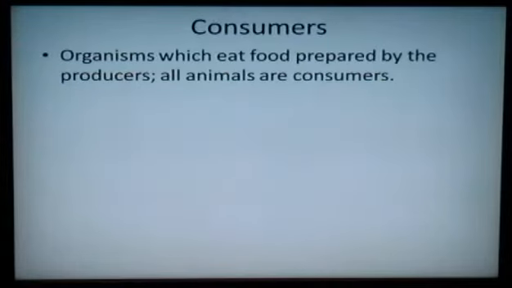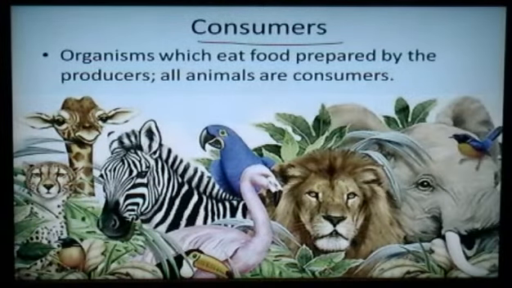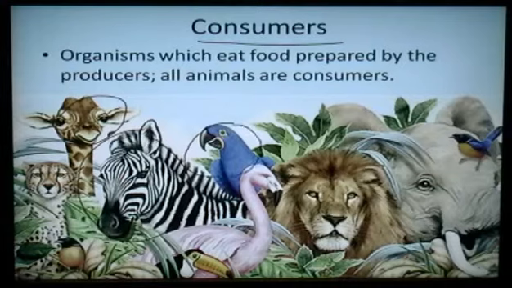Next are the consumers. Those organisms which consume food prepared by the producers are called consumers. In simple words, consumers are the organisms that eat other organisms. For example, in the photo on the screen, we see different animals and all of them are consumers. The consumers depend on producers for food directly or indirectly.